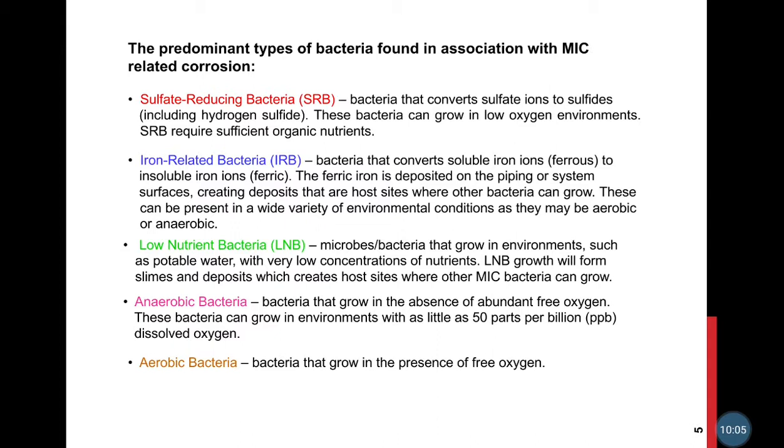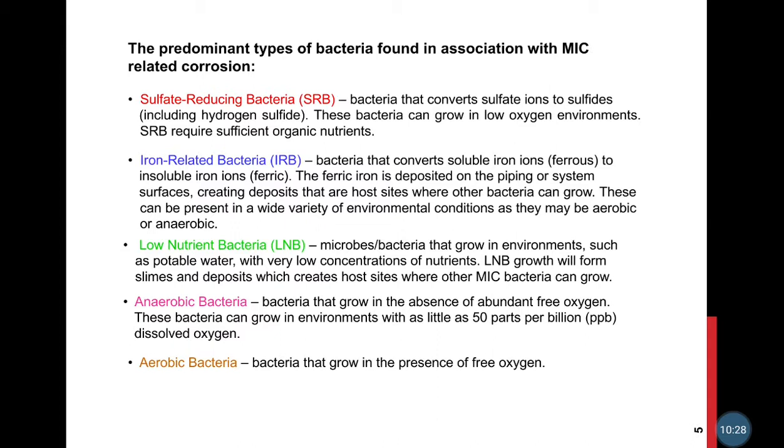Okay, bila kita sebut sulfate, the name is sulfate. Of course, normally dia punya modus operandi ataupun the activities, how the MIC berlangsung atau berlaku, memang ada kaitan dengan dia punya nama.